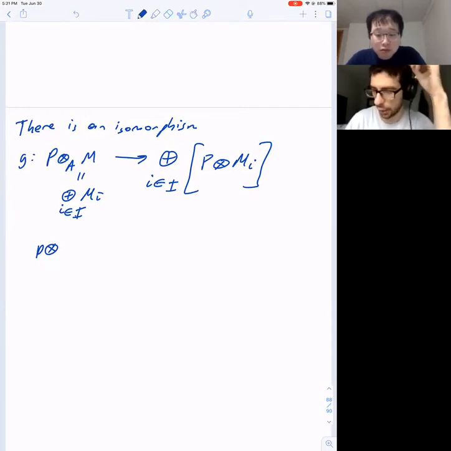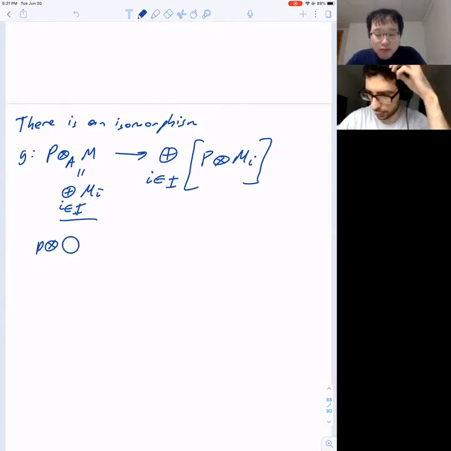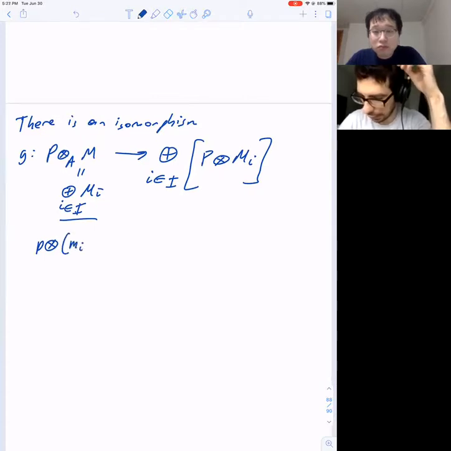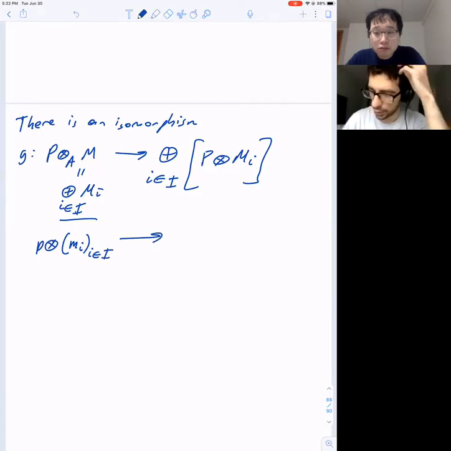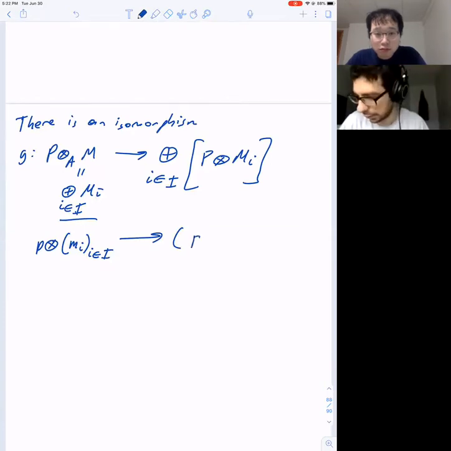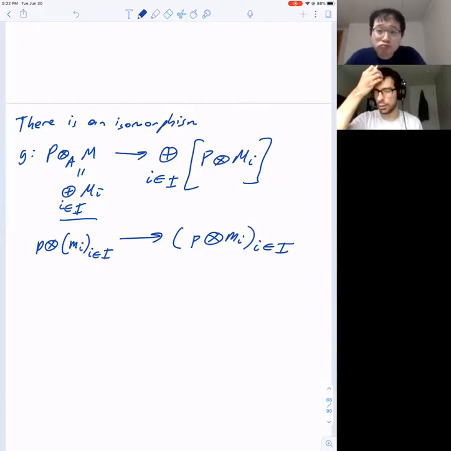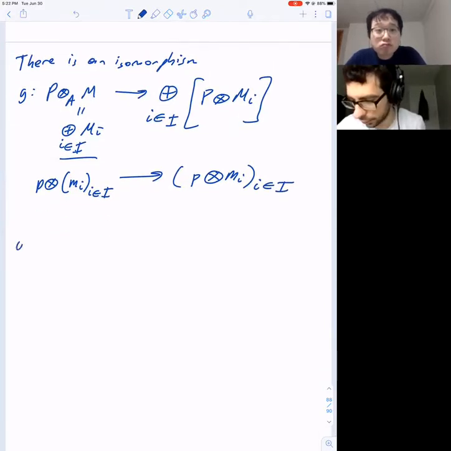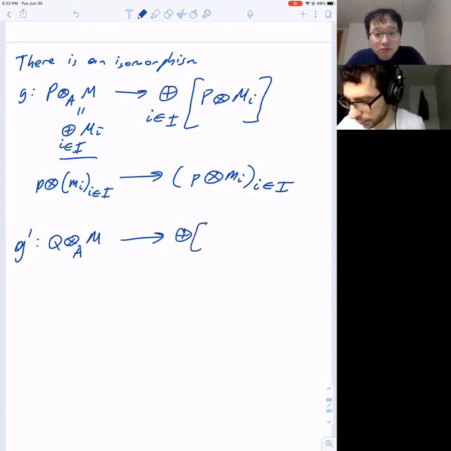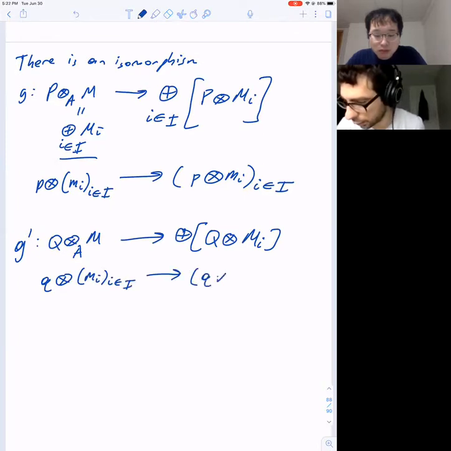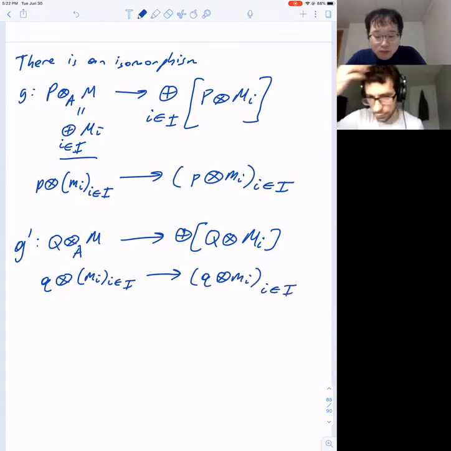So there is an isomorphism that looks like this: P tensor Mi going to the direct sum. And there's also another isomorphism, very similarly, Q tensor over A of M to this direct sum, in the same exact way: Q tensor Mi going to Q tensor Mi, like this.